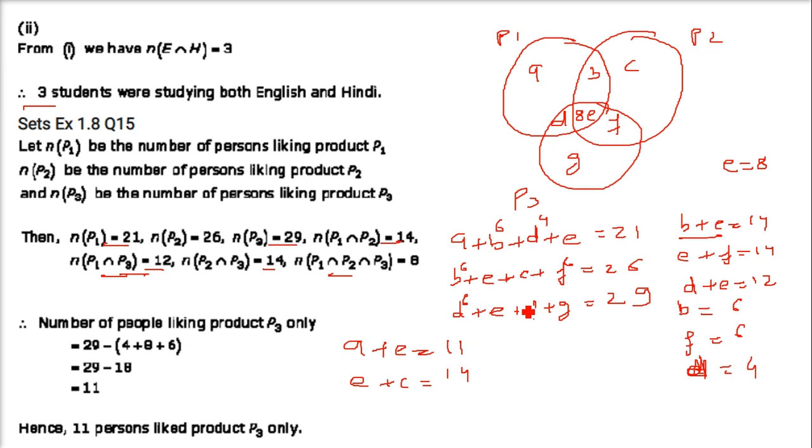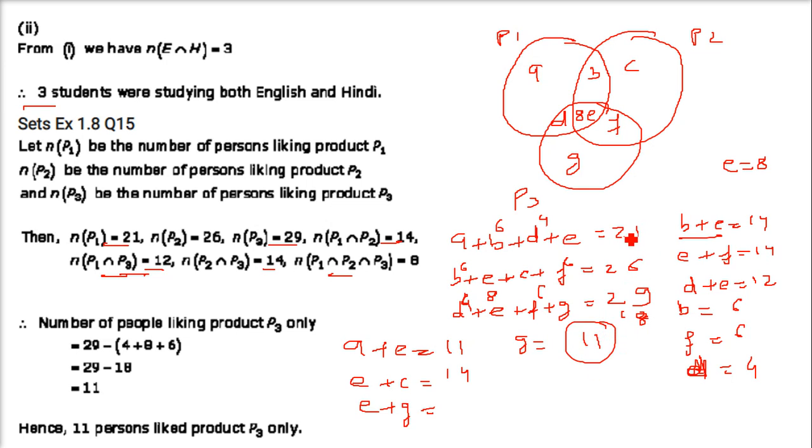Now for P3, D is 4, E is 8, and F we also know is 6. So D plus E plus F is 18. So G will be 29 minus 18, which is 11.